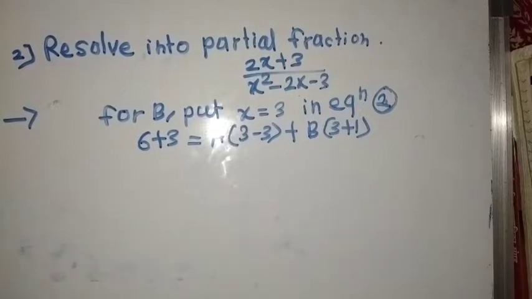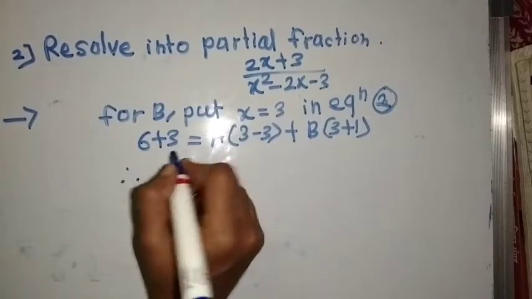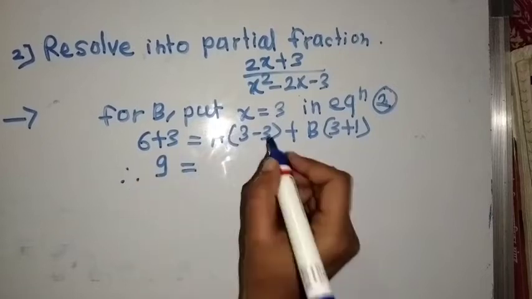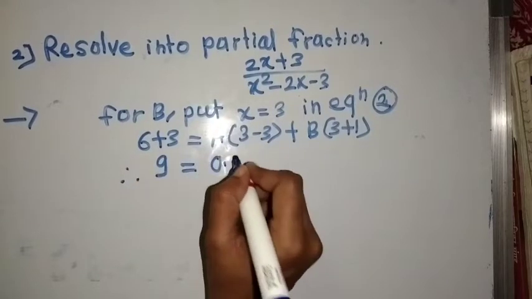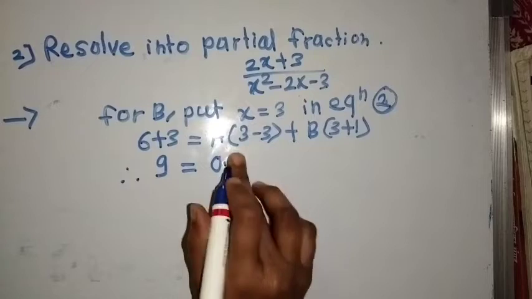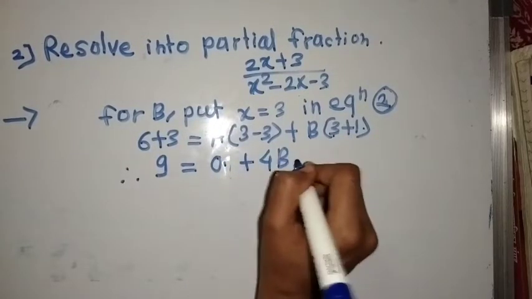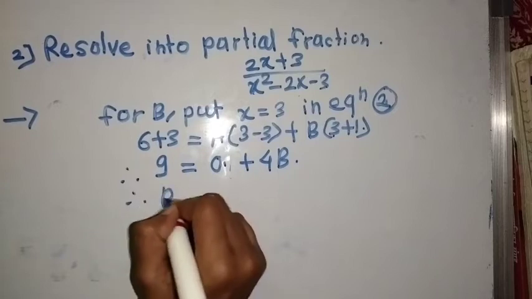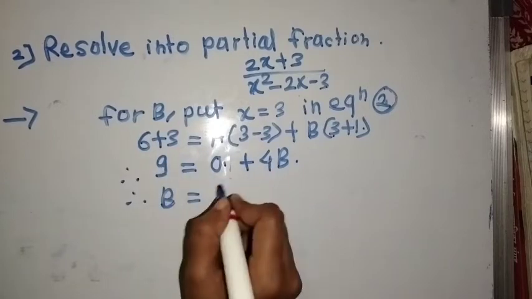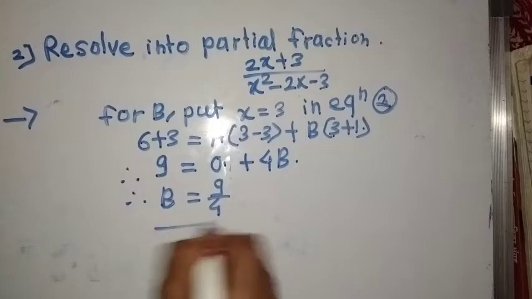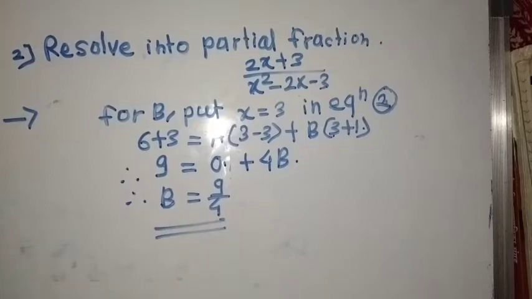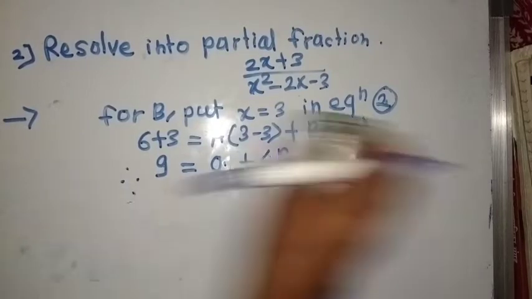Hence we get 6 plus 3 is equal to 9, 3 minus 3, 0 into a, 0, plus 3 plus 1, 4b. Hence we get b is equal to 9 upon 4. Hence we get these values of a and b.